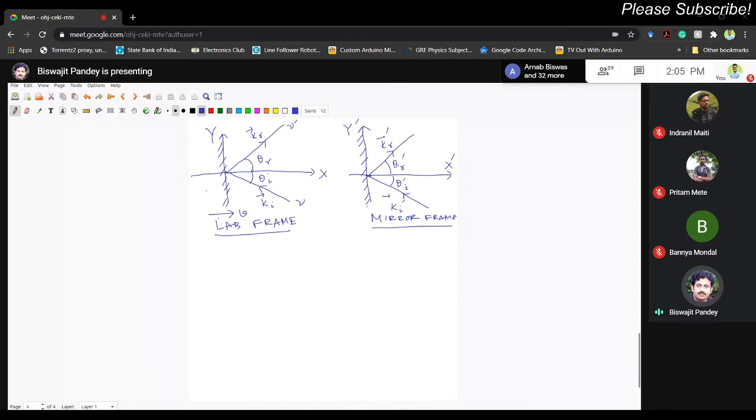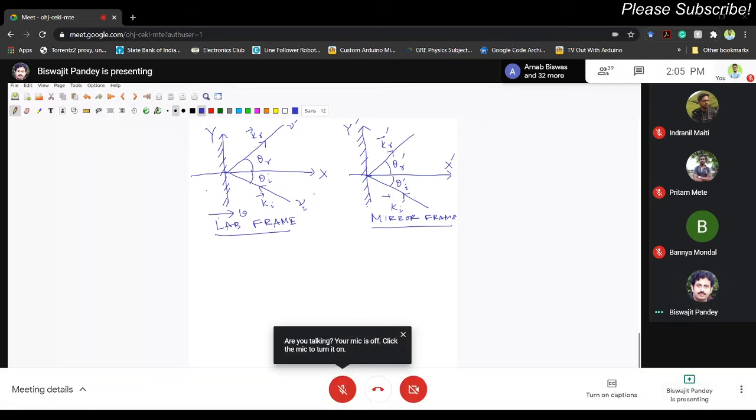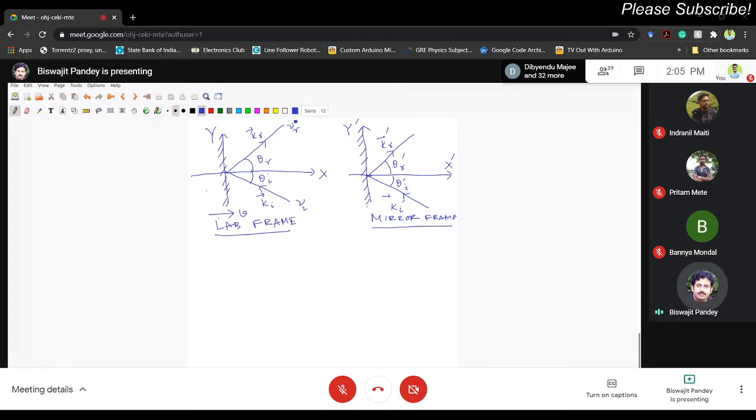Nu and nu prime may not be a very good thing to write, because I'm using prime here and you may get confused why I'm writing prime here. That can be mixed up, right? So I should write nu I and nu R, not nu prime. So nu I and nu R are the incident and reflected waves' frequency in the lab frame. Similarly, you will get nu I prime and nu R prime in the mirror frame, right?